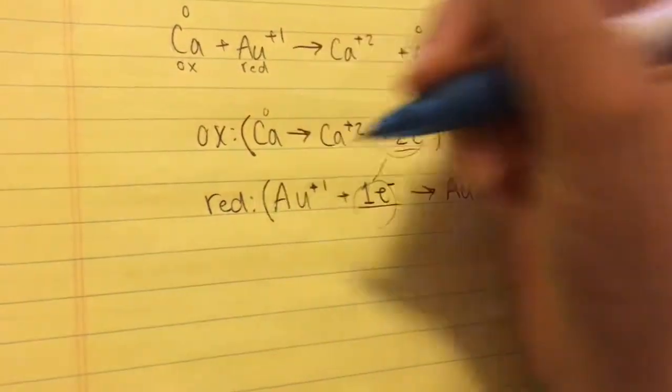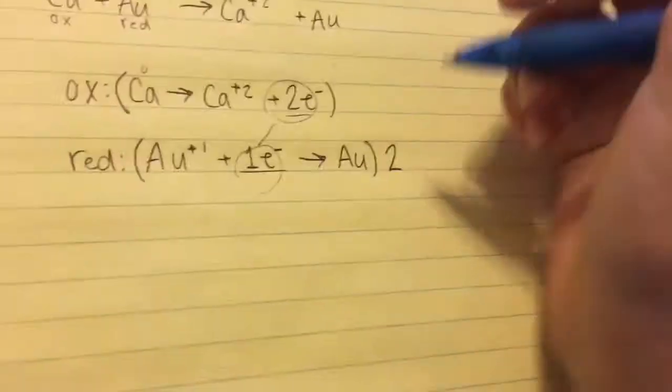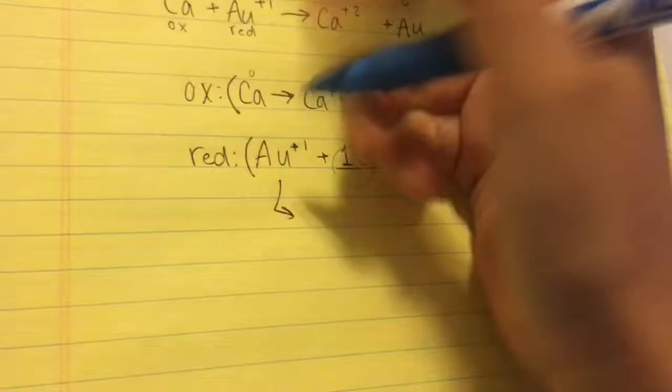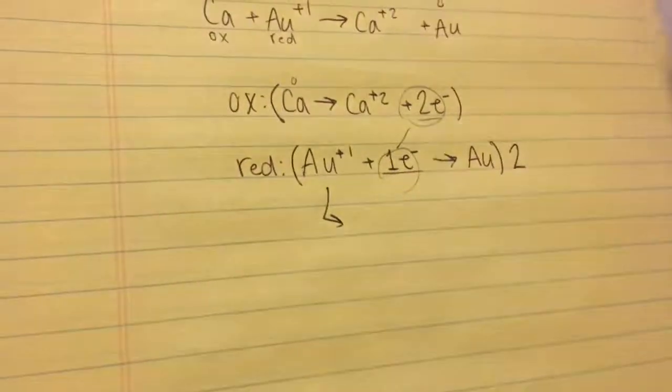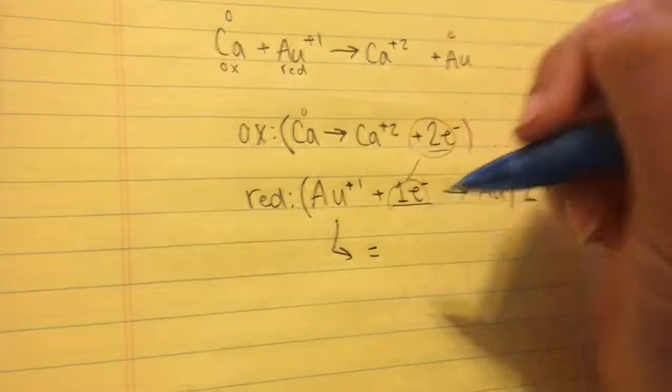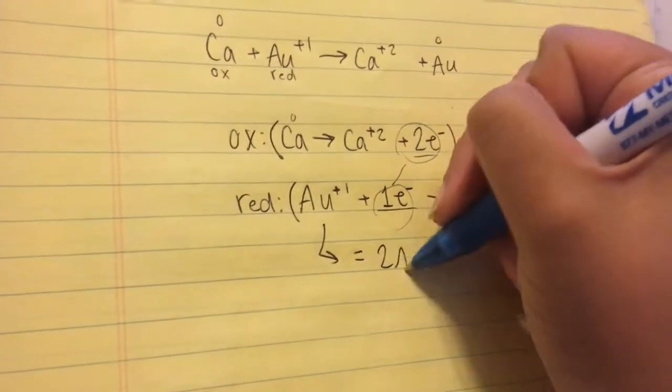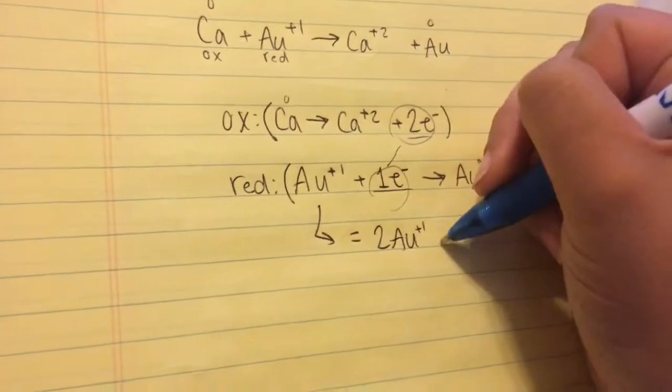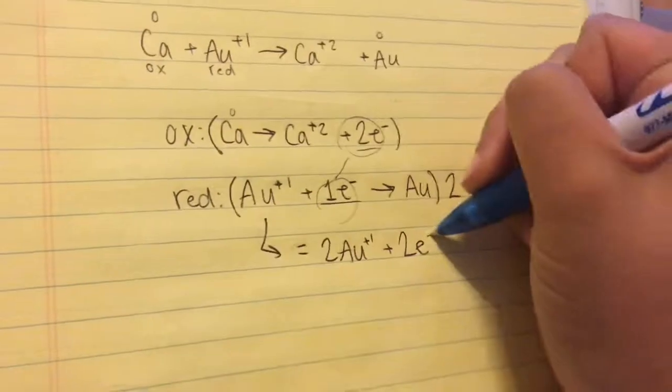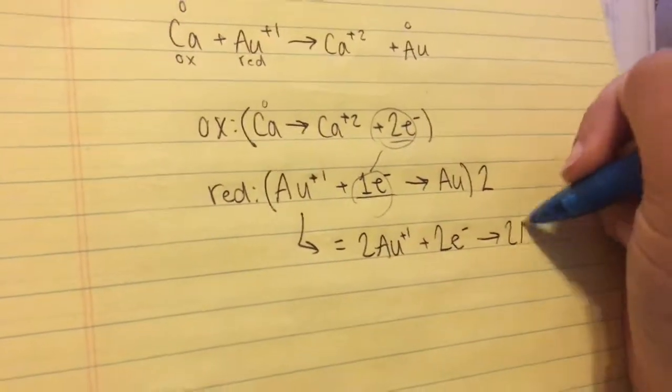However, the 1 and the 2 are not equal, so we must multiply the gold one by 2 to make it equal to the 2 electrons on the calcium side. So it will end up to be 2 gold plus 1 plus 2 electrons, arrow, 2 gold.